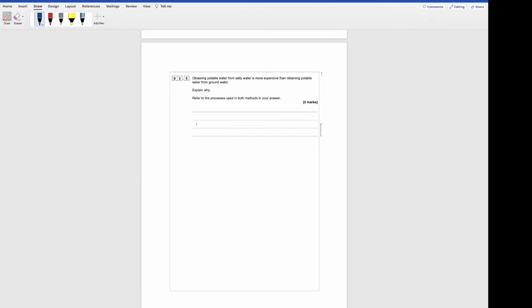So to write this as a 2-marker, we would say heating the water in distillation uses a lot of energy and is expensive.